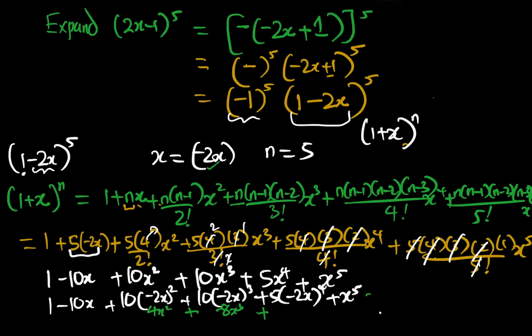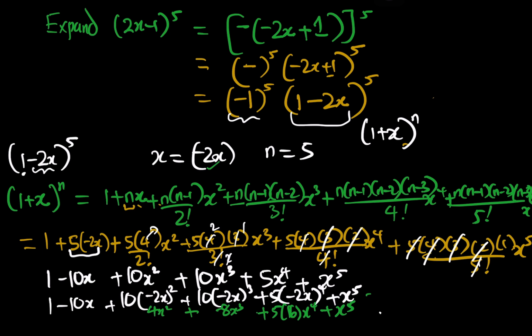So to the power 4, this is going to be 16, plus 5 times 16x to the 4, plus x to the 5. And then the rest is just to be able to simplify something like that.